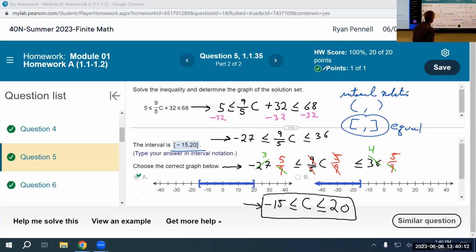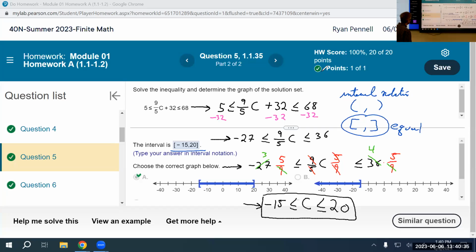You can see I picked A, which shows negative 15 to 20, with brackets representing that we include negative 15 and include 20. That's what I believe the answer is.